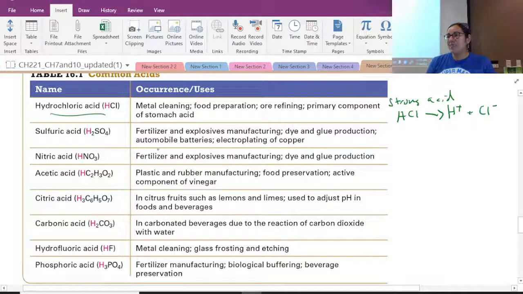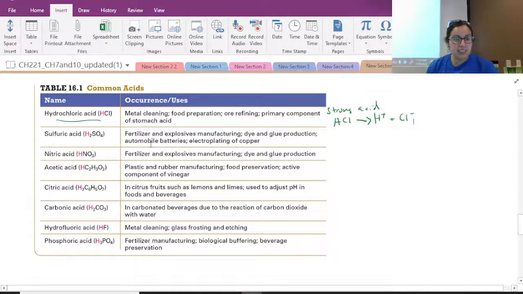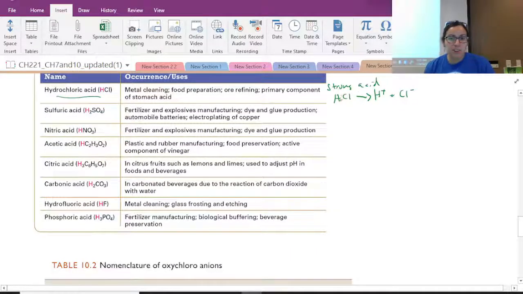Is there a way to tell off the bat whether it's a strong or a weak acid by its chemical formula, or is it more just like, hey, you learn these are the strong acids? Yeah, so there are the 7 strong acids. So you have hydrochloric. Nitric is another strong acid.